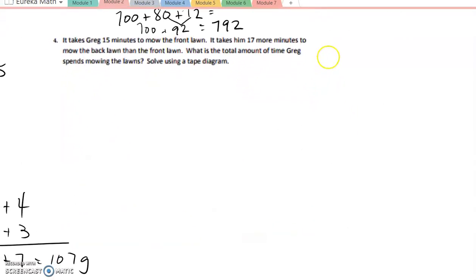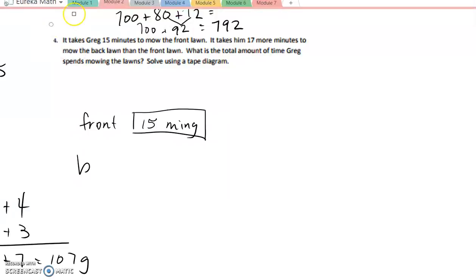All right, last one. It takes Greg 15 minutes to mow the front lawn. It takes him 17 more minutes to mow the back lawn than the front lawn. What is the total amount of time Greg spends mowing the lawns? Solve using a tape diagram. All right, so my smaller one is the 15 minutes. So I'm going to label this one front. And that's 15 min.